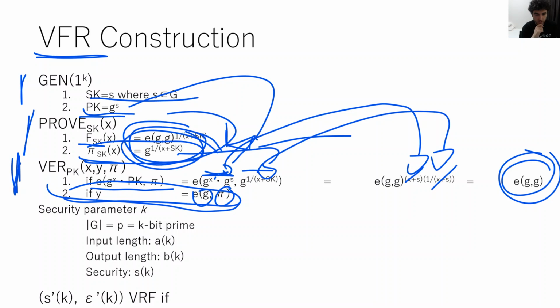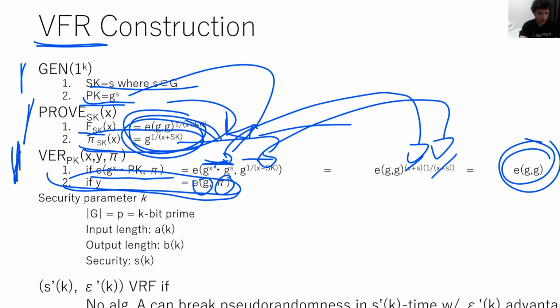on in showing why this is a safe construction. And we say the size of G, the group, is a k-bit prime number. We're based off the security parameter k. Our input length is some function of k. Our output length is some function of k. And we have some security definition based on the value k.